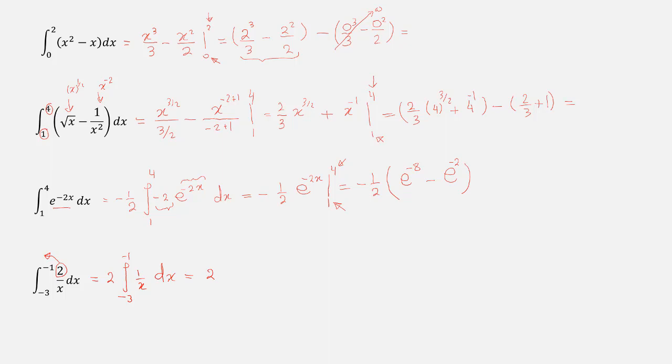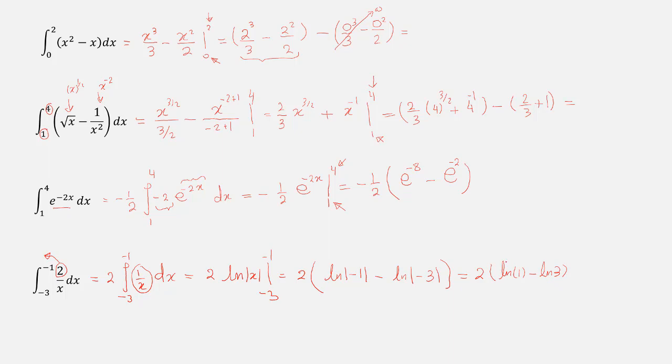The integral of 1 over x is ln of the absolute value of x, from minus 3 to minus 1, which equals 2 times ln of the absolute value of minus 1 minus ln of the absolute value of minus 3, which gives 2 times ln 1 minus ln 3.